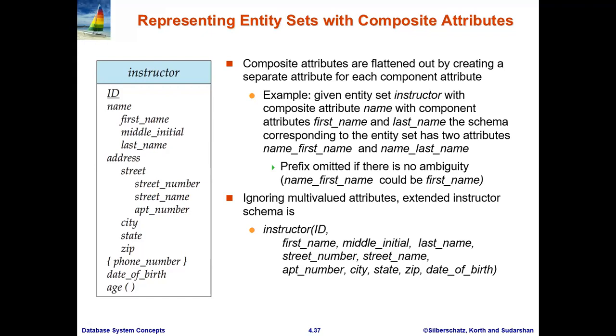Now, for example, there is one more composite attribute, that is street, and street has component attributes street number, street name and apartment number, that is street_number, street_name, apartment_number. Then the corresponding schema of the street composite attribute will become street_street_number, street_street_name, street_apartment_number.